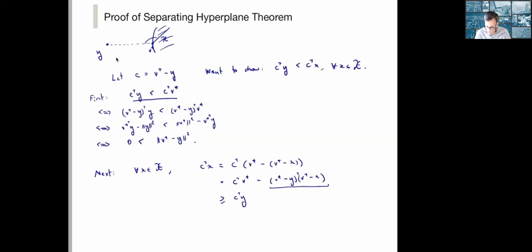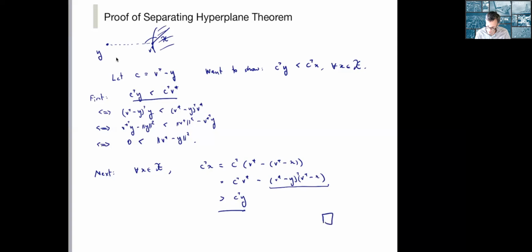So I'm subtracting something that's less than or equal to 0, hence adding, hence only making this side even bigger. And so therefore this is greater than or equal to c transpose y. Strictly greater than c transpose y, because c transpose v star is strictly greater than c transpose y, and the second term is non-negative.